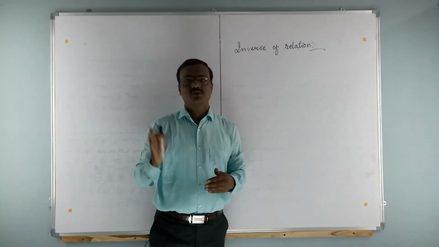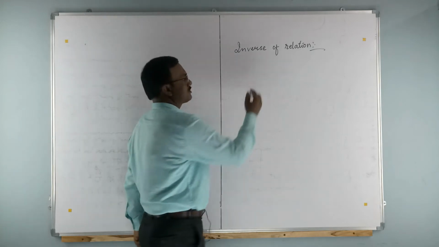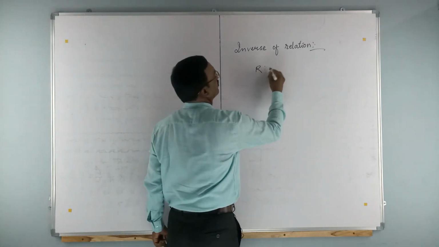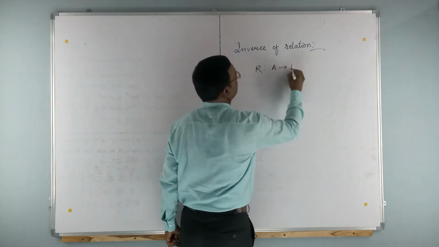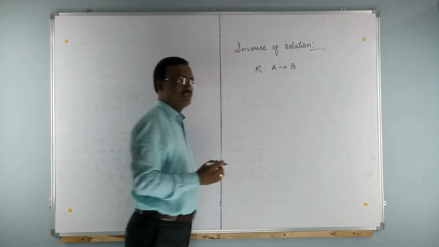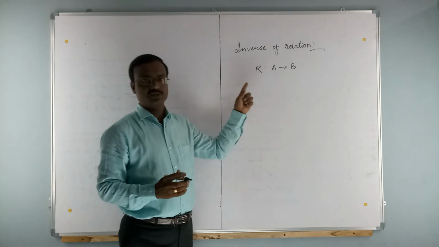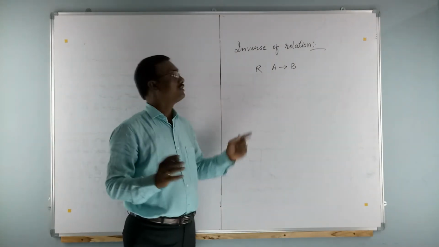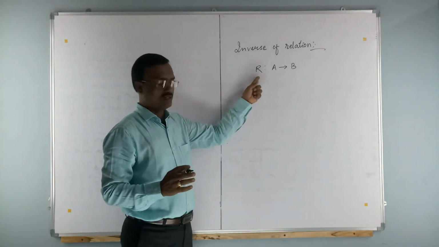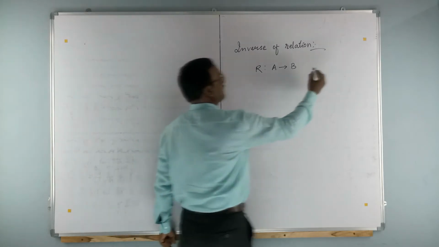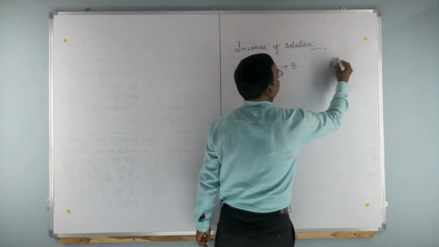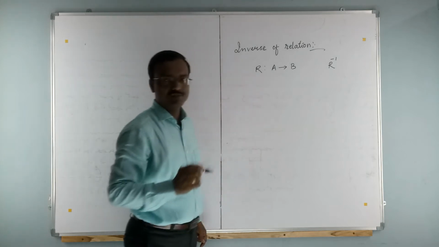Now see inverse of relation. Suppose R is a relation from set A to set B. Then a relation defined from set B to set A is called the inverse of the relation. Inverse of relation R is denoted by R inverse, R to the power minus 1. This is the notation for inverse of relation.